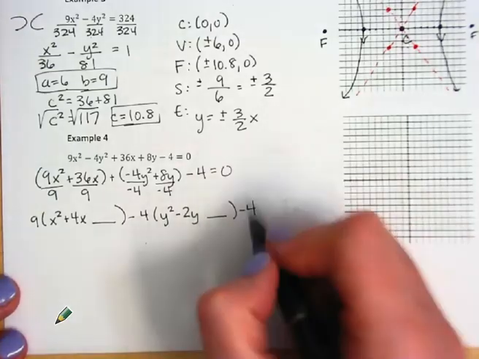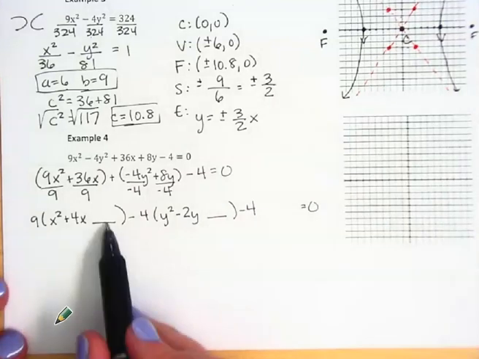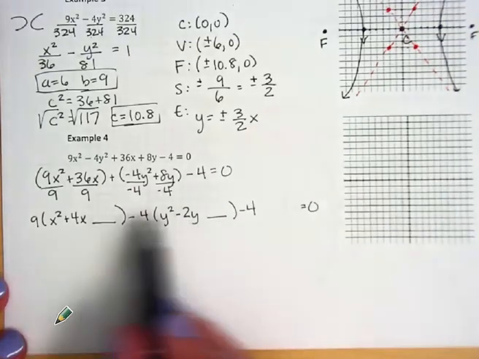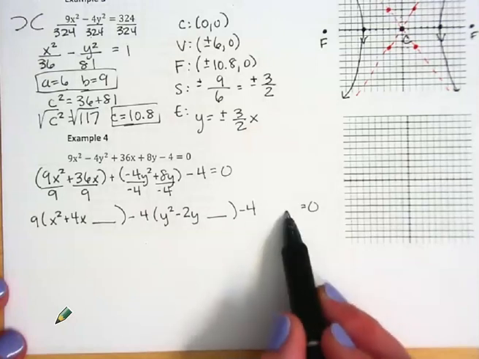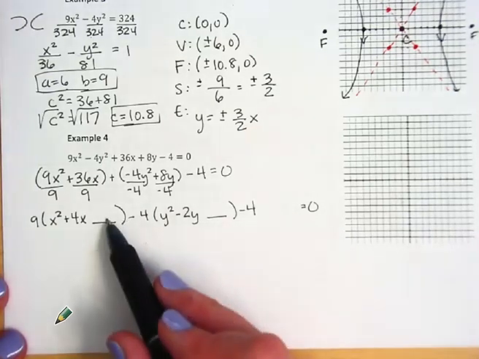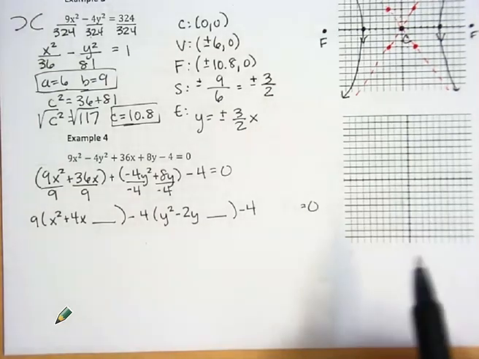And then after this, I'm going to leave some room because whatever I'm going to add or subtract here, I need to do the opposite here to keep it balanced. Whatever you do inside the parentheses, you need to undo outside the parentheses.